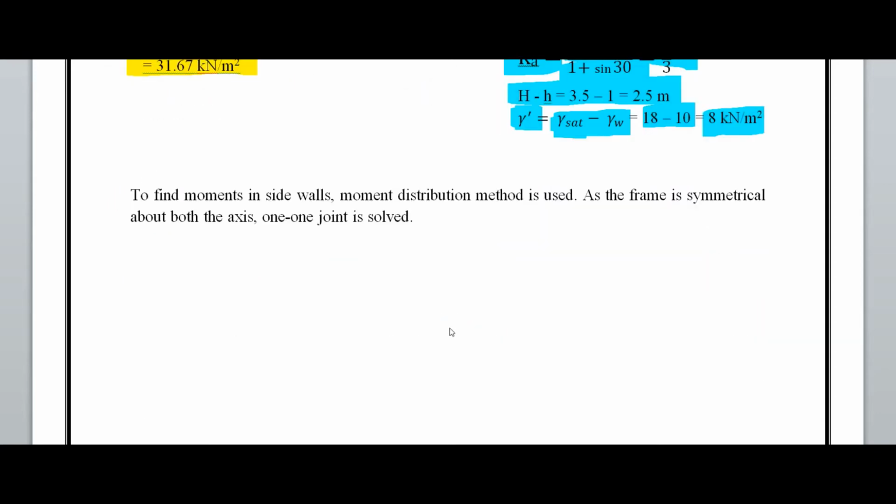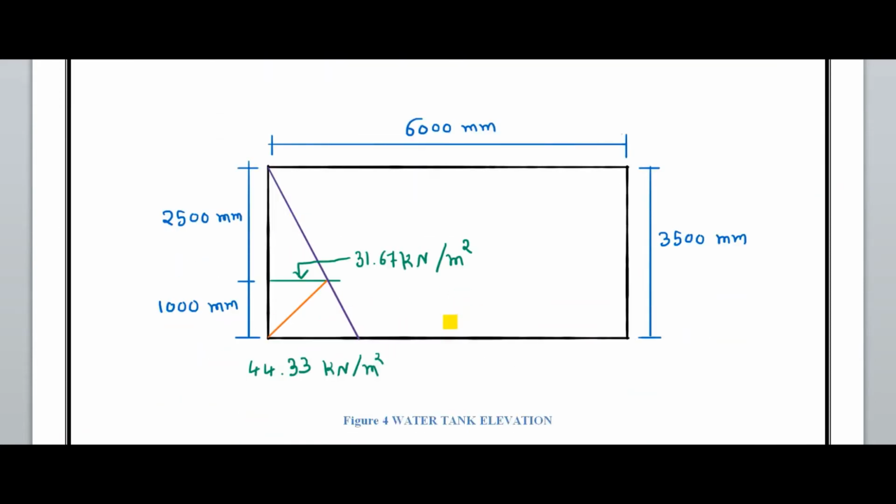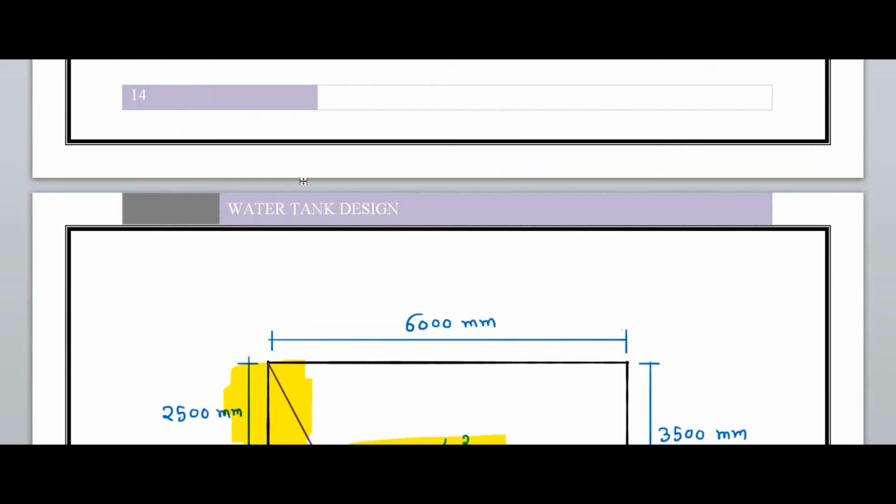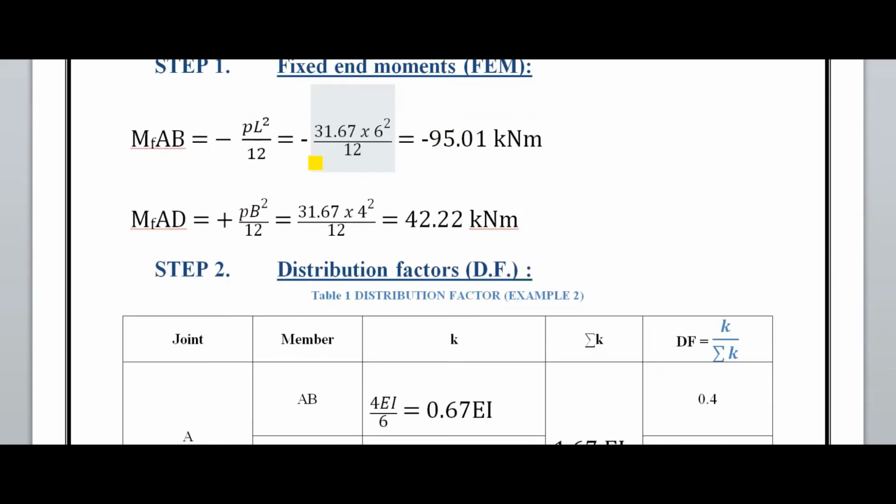If we put in all the values, we find the pressure at 2.5 meters from the top. If I draw a figure, here we find a load of 31.67 for 2.5 meter. Now we are going to design this top portion of the water tank. This top portion of the water tank behaves as a continuous frame.